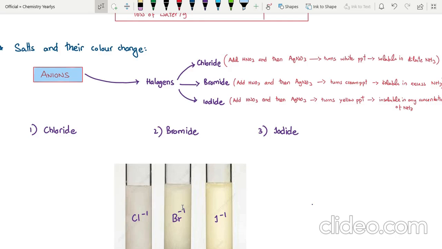For the bromide, after adding more ammonia than you added for chloride, a little bit in excess, or a little bit of concentrated ammonia, it will dissolve. While the iodide never dissolves in any concentration of ammonia.